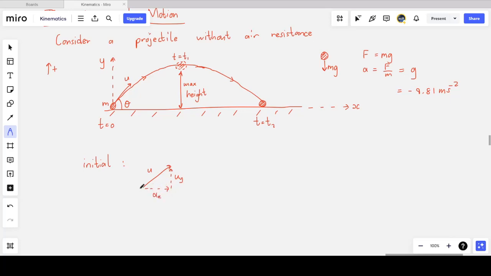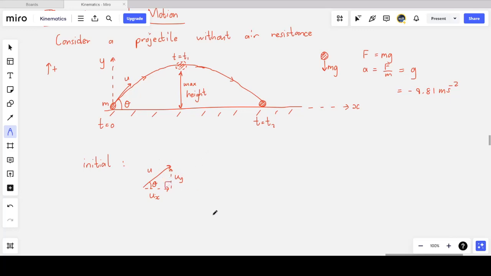So the initial velocity has a y component, which I'll call uy, and a horizontal or x component, which I'll call ux. And if I look at the geometry very carefully, what I see is that the angle theta is the angle between the horizontal and the vector u. So I can label that theta, and any vector can be broken into perpendicular components.